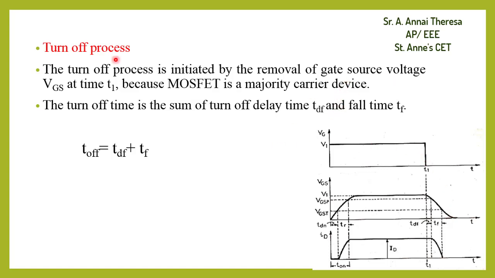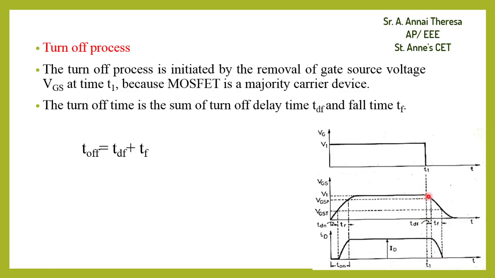By removing it, at time t1, what will happen to this VGS? The gate source voltage reduces from V1 to VGSP.